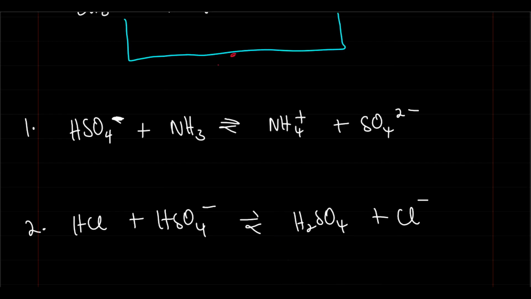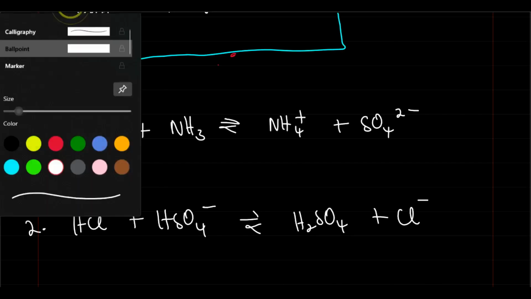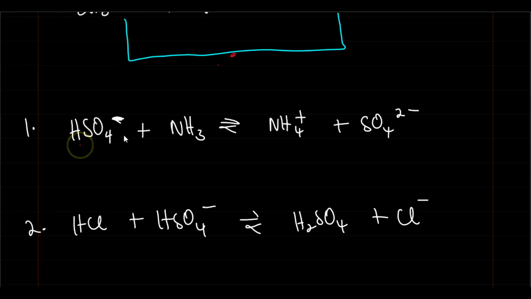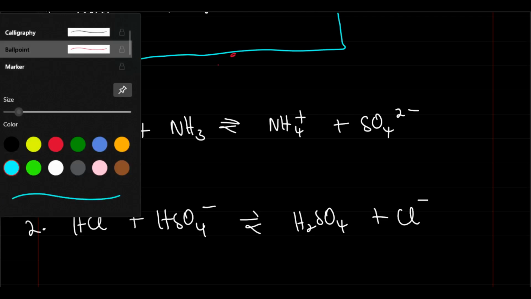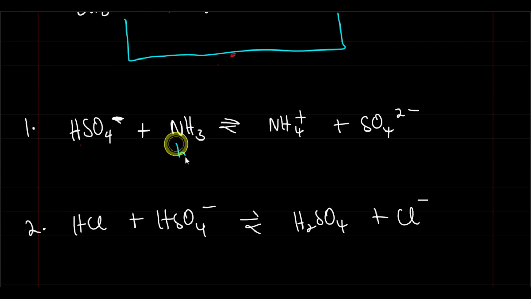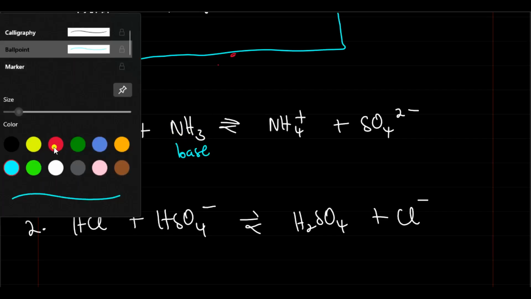Okay, are you done? So now, what do we do? We first identify our acid and our base. So what is our acid between this and that? We know that ammonia is a base. First things first, identify what you know first. If ammonia is a base, then this must be an acid, isn't it?